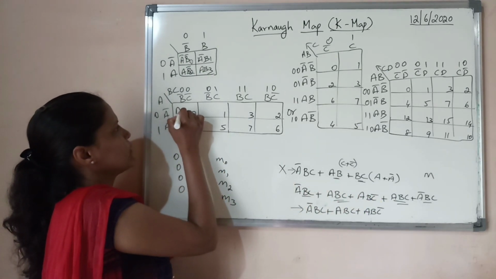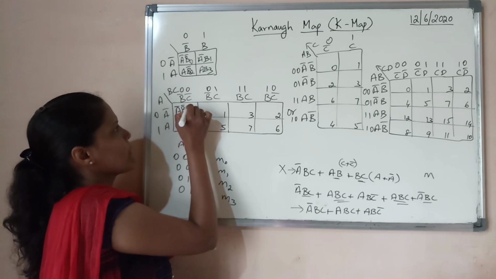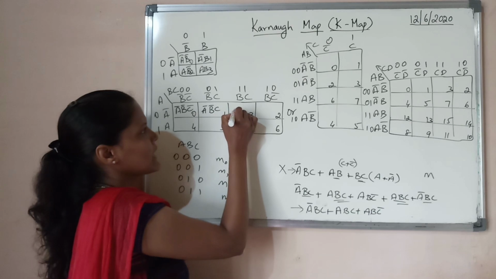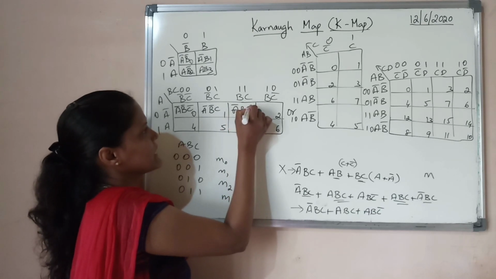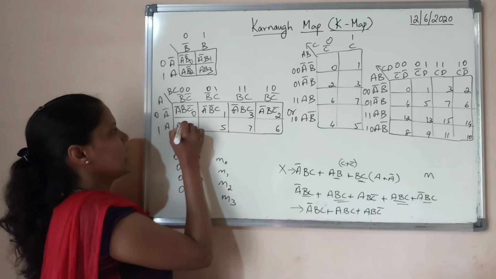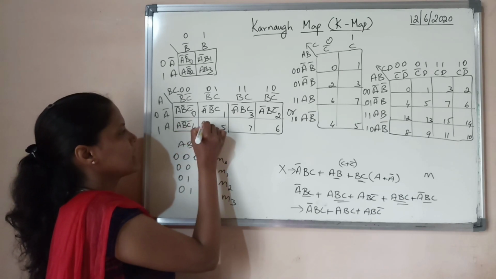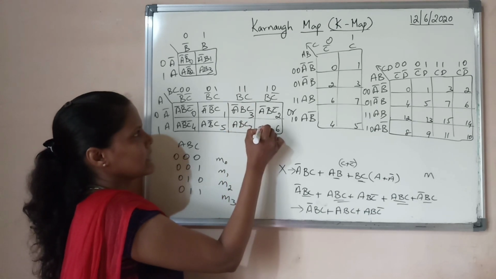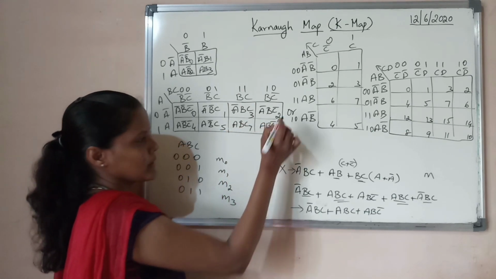Okay? And the minterms for this are A bar, B bar, C bar, A bar, B bar, C, A bar, B, C, A bar, B, C bar. And for this, A, B bar, C bar, A, B bar, C, A, B, C, and A, B, C bar.